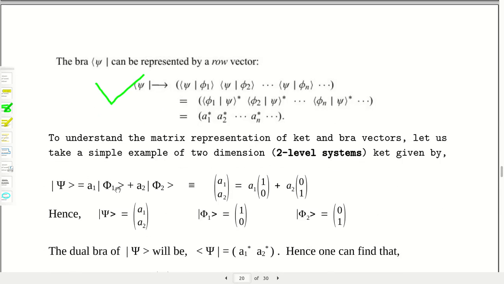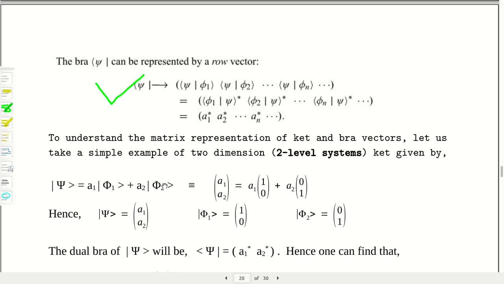So in place of psi it is written a1 and a2, and here a1 is a scalar, a2 is a scalar, so phi 1 and phi 2 will be such column matrices that the summation will give you the a1 a2 column matrix. Okay, so one choice in our hand is to represent ket phi 1 by 1 0 and ket phi 2 by 0 1.